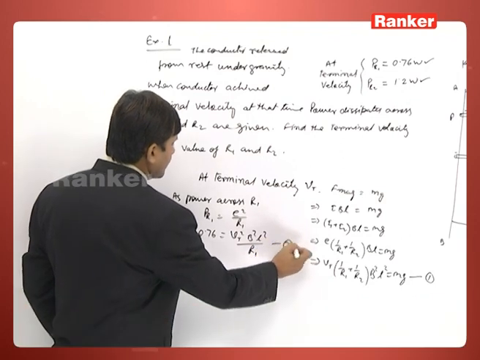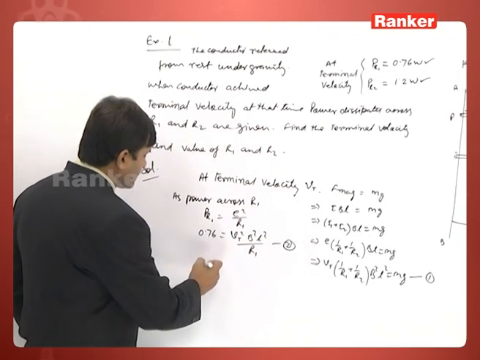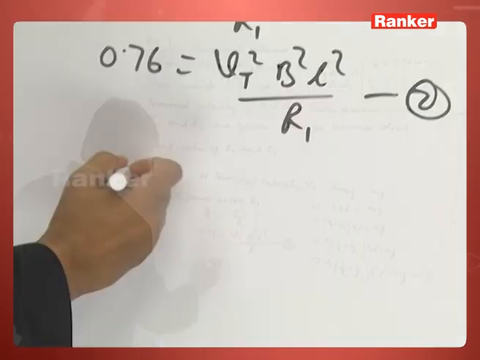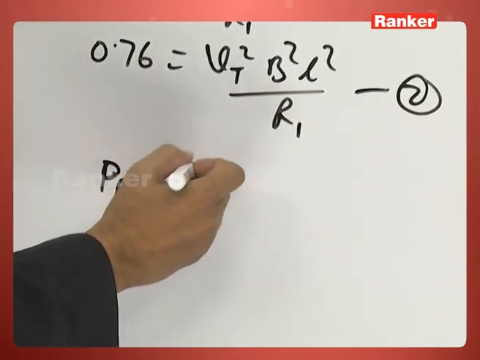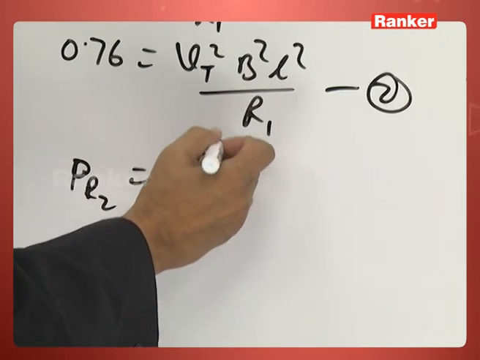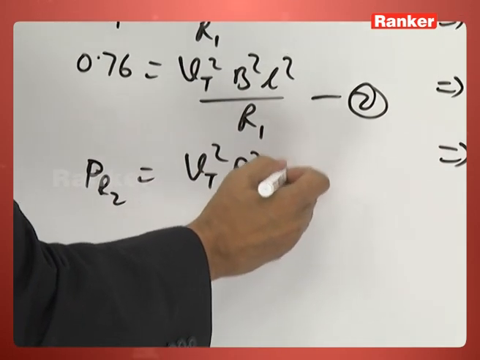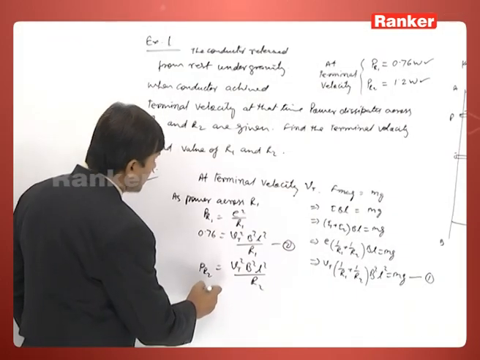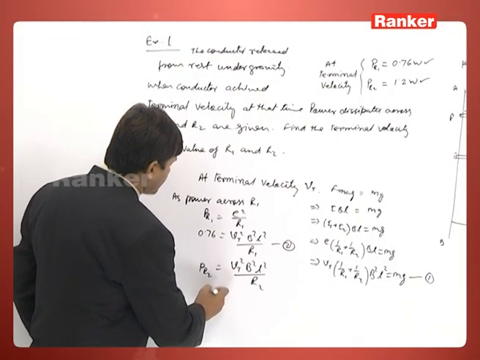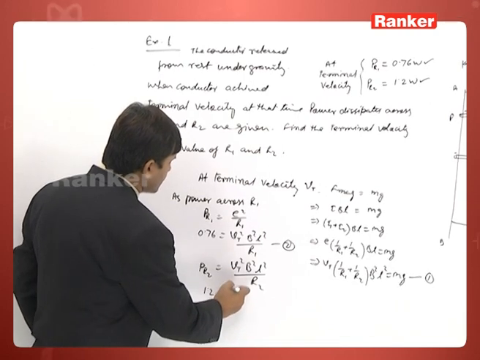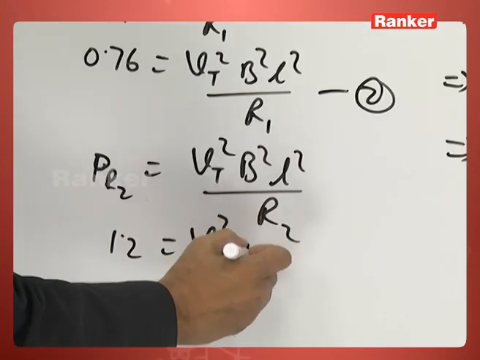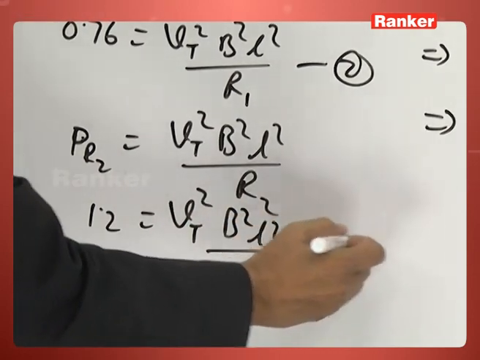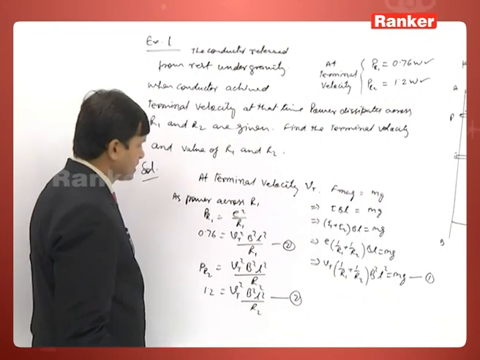Similarly, for P R2 we can write in the same way: Vt squared B squared L squared by R2. So the power across R2 is 1.2, which is equal to Vt squared B squared L squared by R2. This is the third equation.